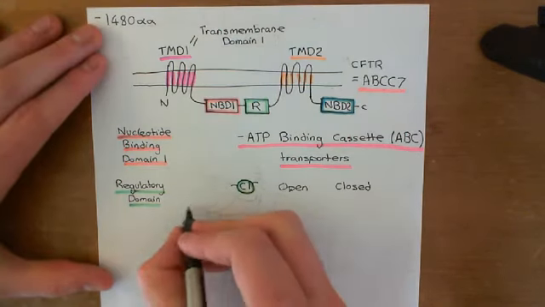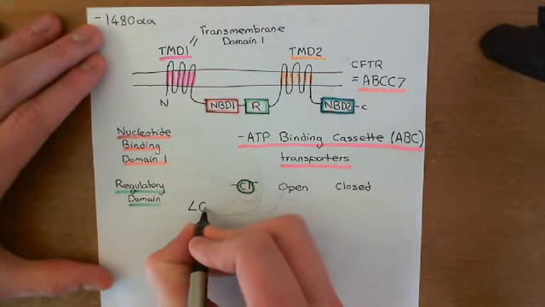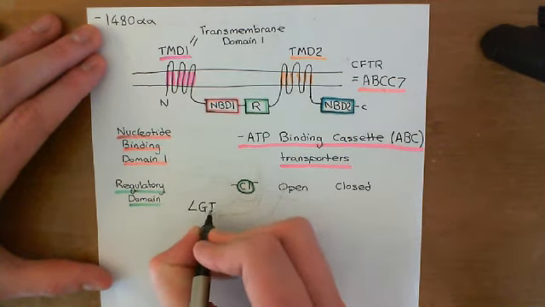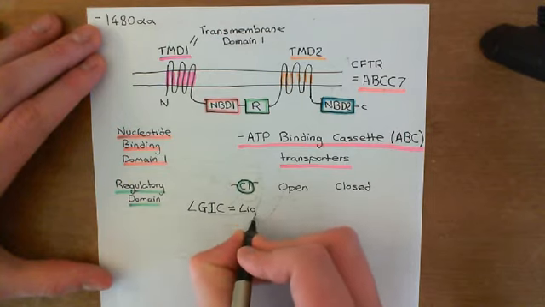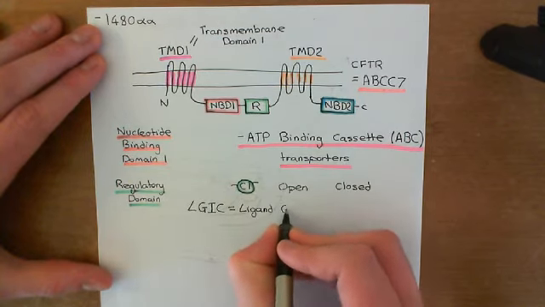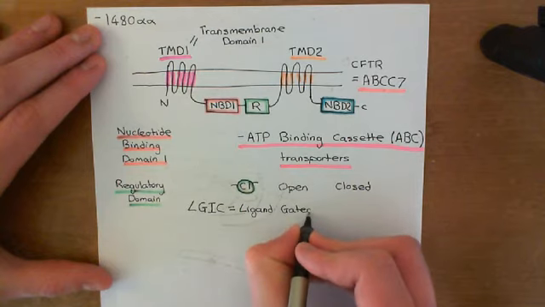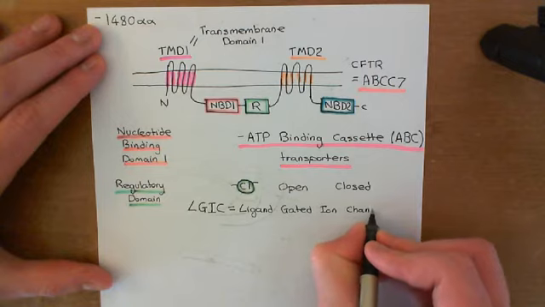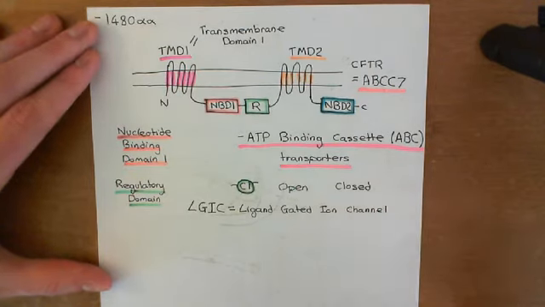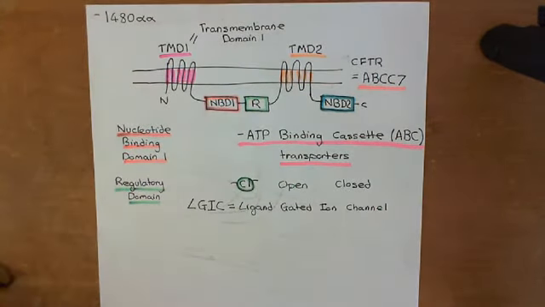So I'll just write that down. Ligand-gated ion channels are often abbreviated to LGICs. L for ligand, G for gated, I for ion, and C for channel. So the cystic fibrosis transmembrane conductance regulator is actually an example of a ligand-gated ion channel.